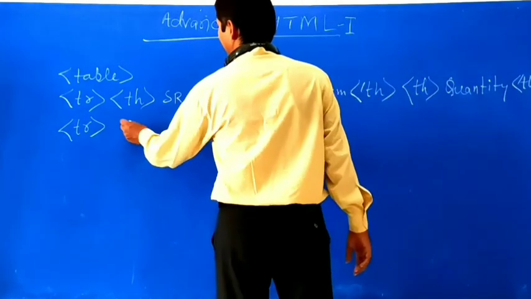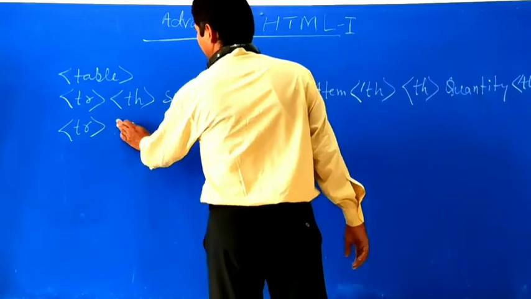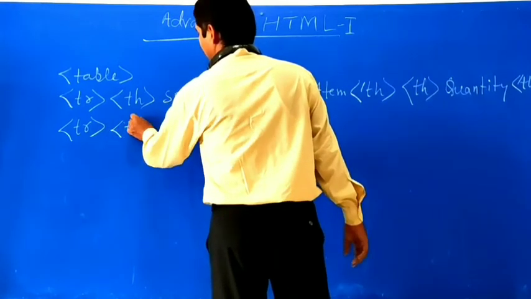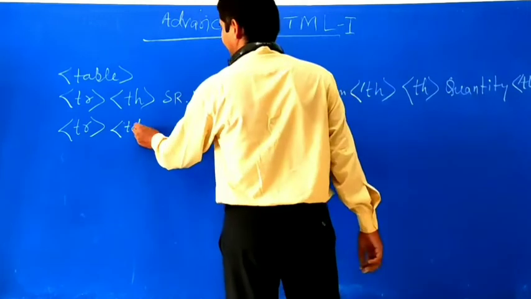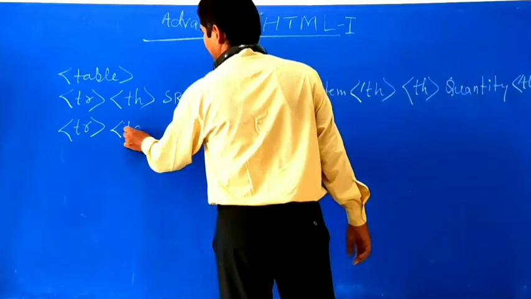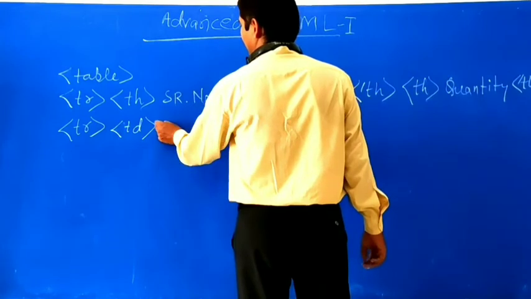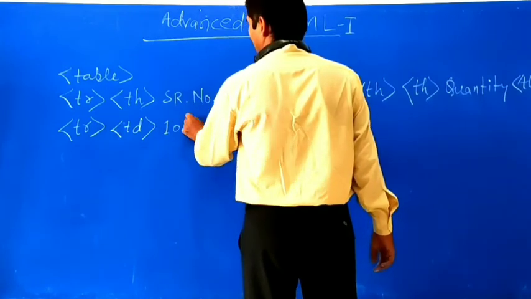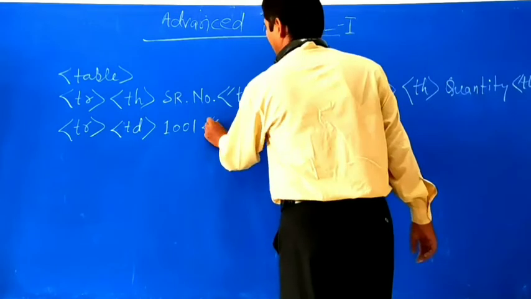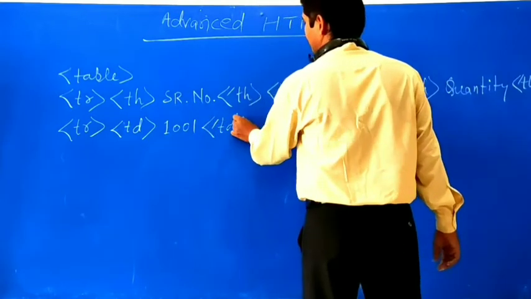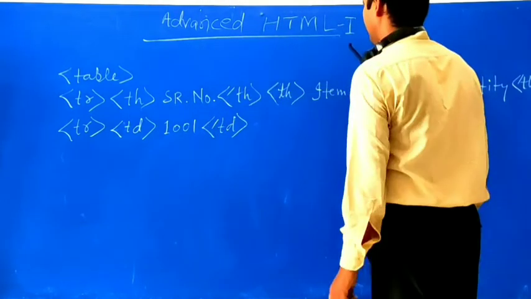Okay, serial number is 1, meaning TD, table data. We give here serial number as 1001. Now TD will close for serial number.